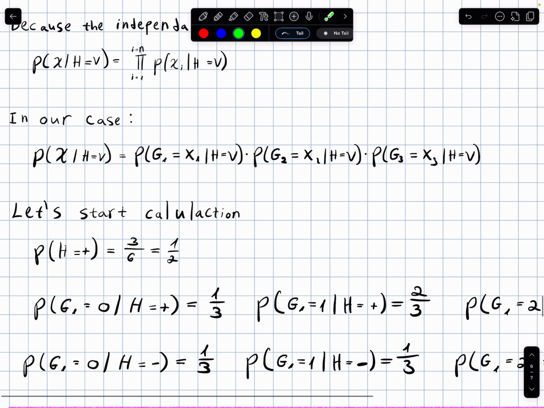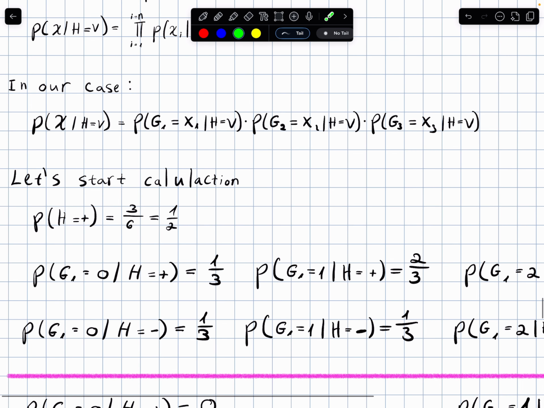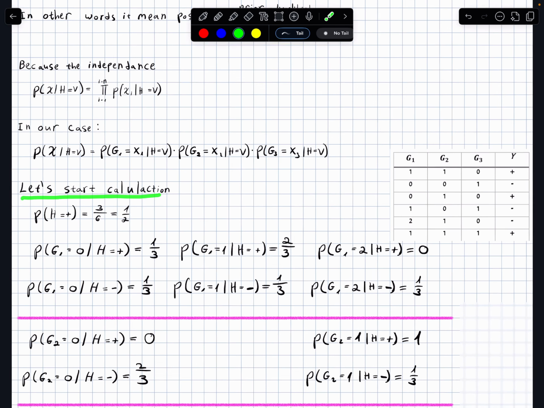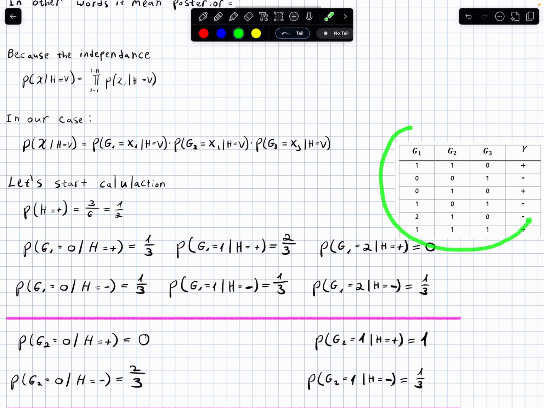So in our case, when we get a vector x and h, for whatever v, we are computing the probability that g1 is x1 given h equal to v, times p of g2 equal to x2 given h equal to v, and the same for g3 and h equal to v. So now we're going to start the calculation for everyone, given this table.